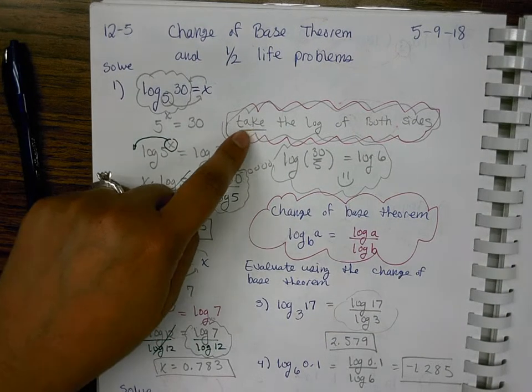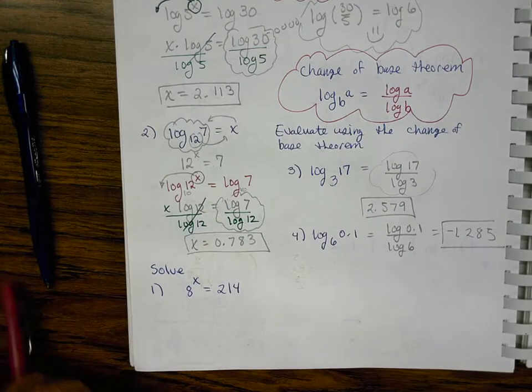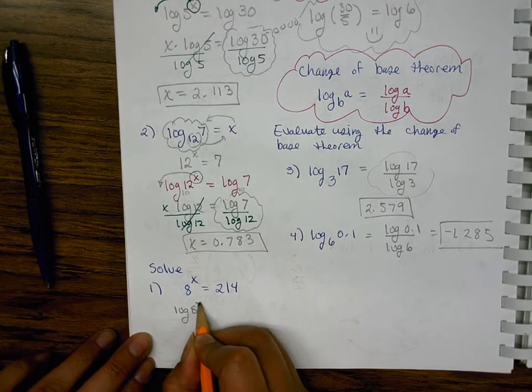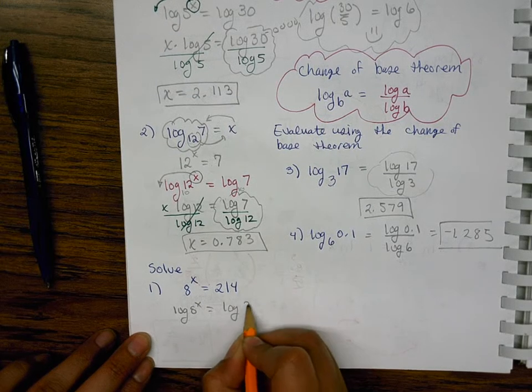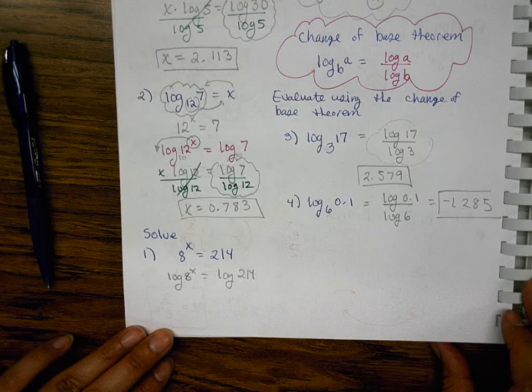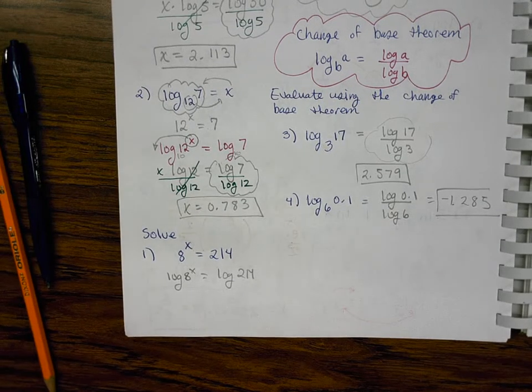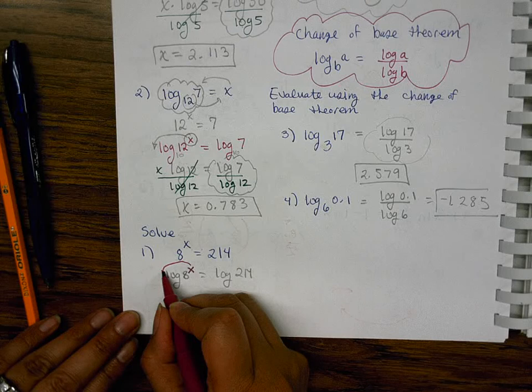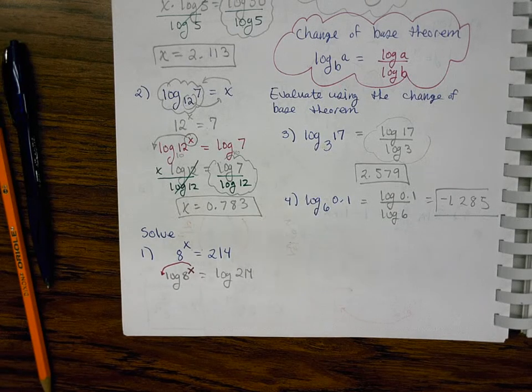And what did we do to both sides, or what did we take of both sides? We take the log of both sides, which is what we're going to do. Log of 8 to the x equals log of 214. And since we've done enough of these, they should come fairly easy. The whole reason we do this is to do what with the exponent?